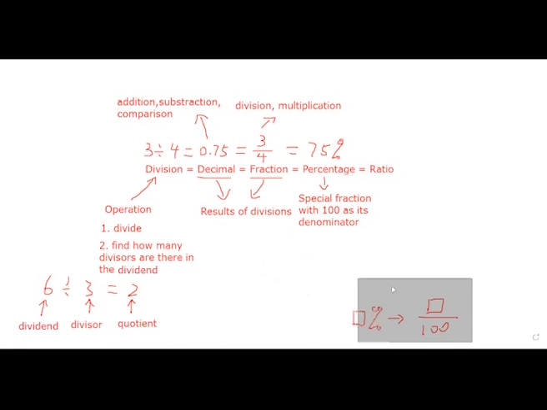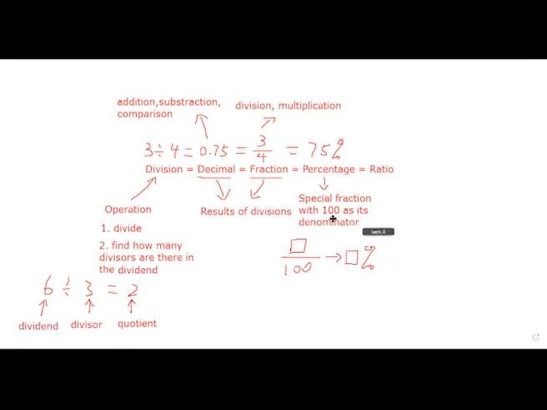And this is how we convert fractions to a percentage. We need to convert the fractions to use 100 as the denominator first. Then we rewrite with the percentage sign.